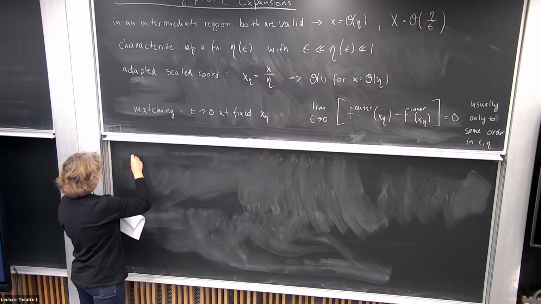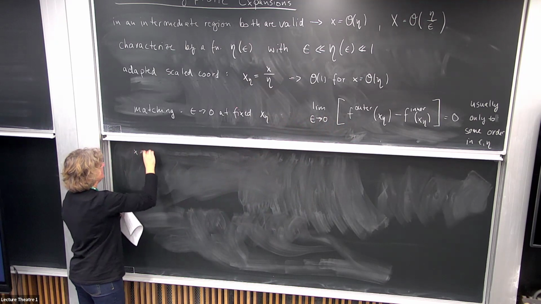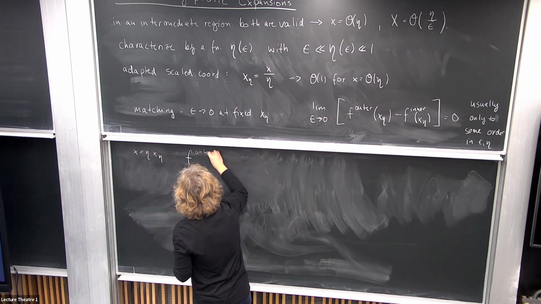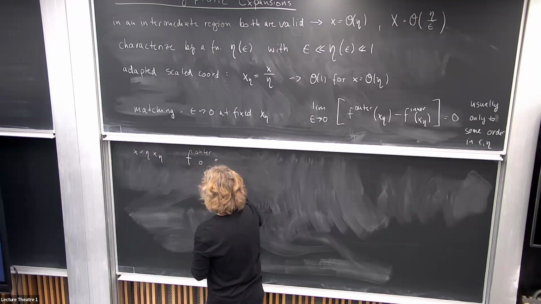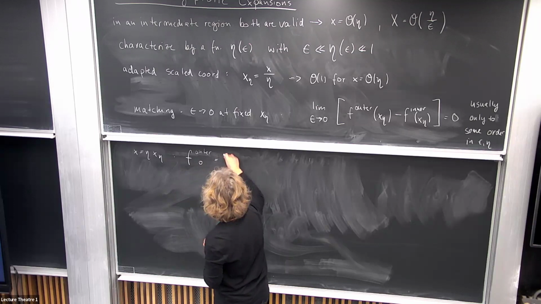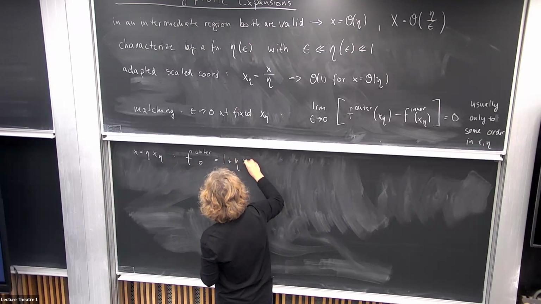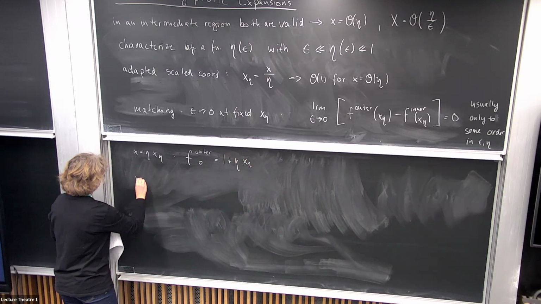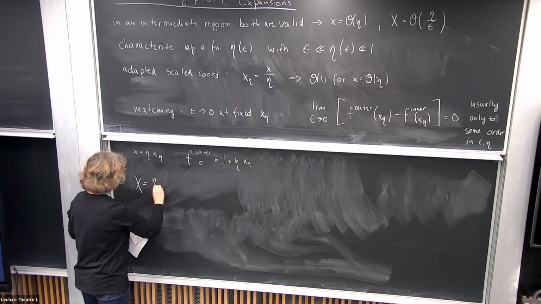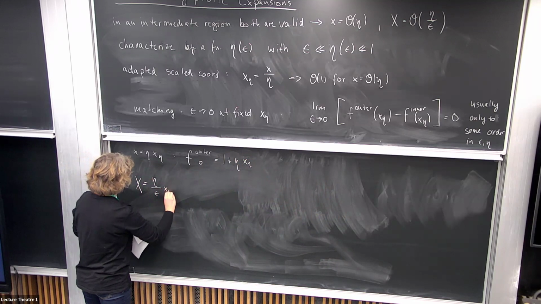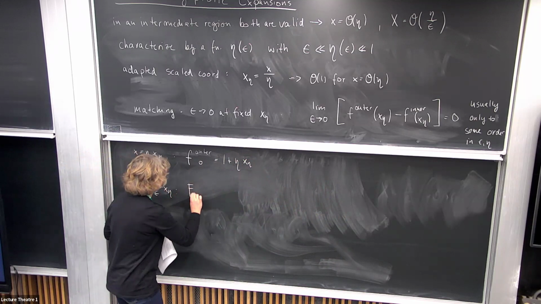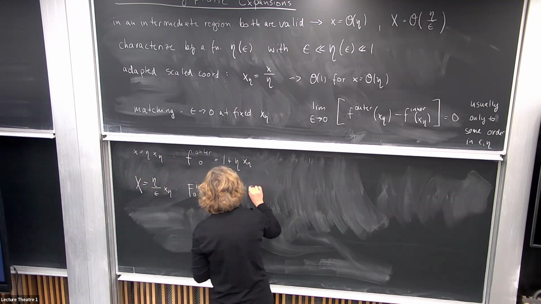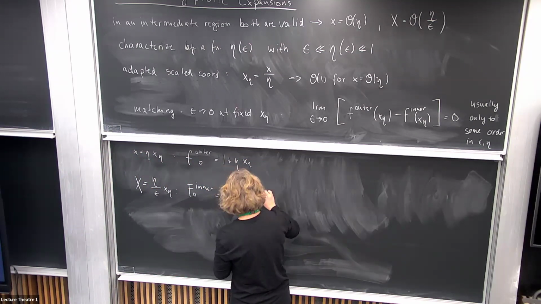We substitute x is eta x eta. The outer solution had only the zeroth order term, which was 1 plus small x, so 1 plus eta x eta. And for the inner solution, big X is eta over epsilon x eta. So F0 inner is equal to 1 plus epsilon over eta x eta, 1 over x eta.